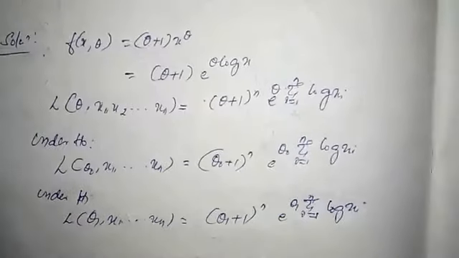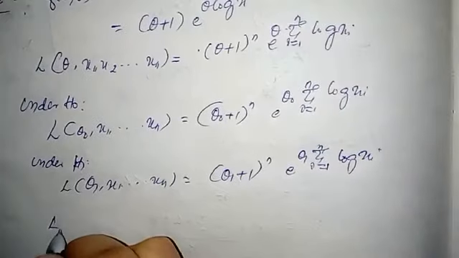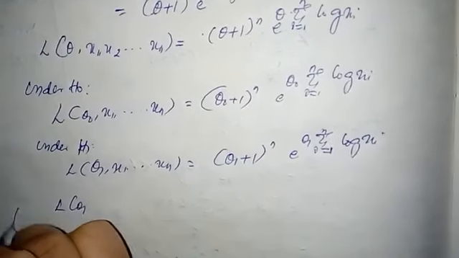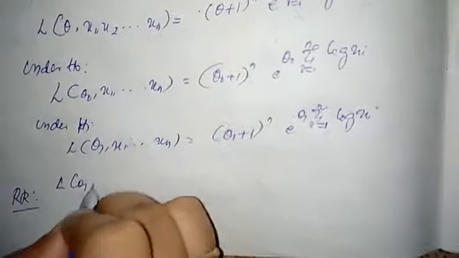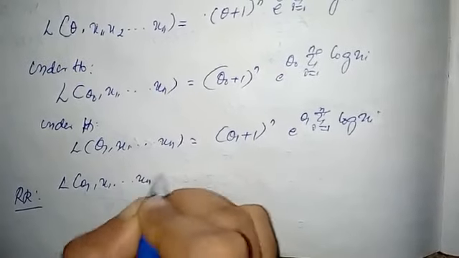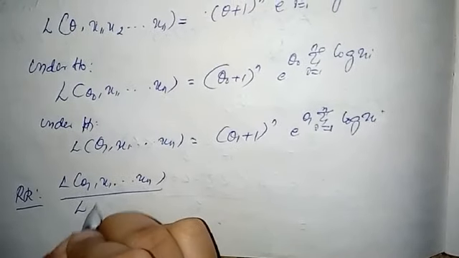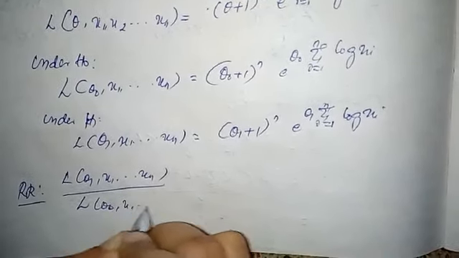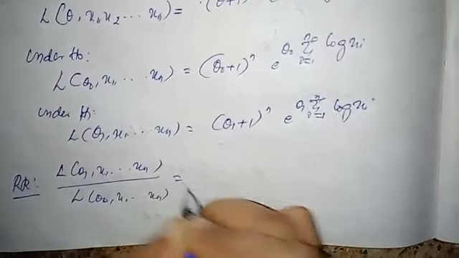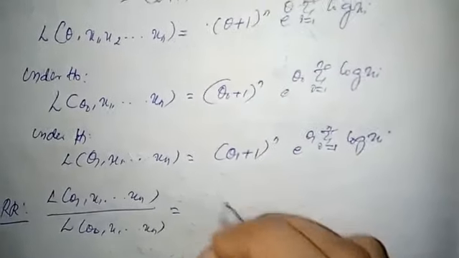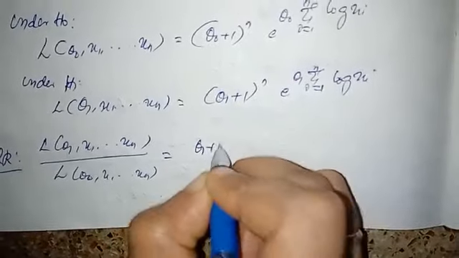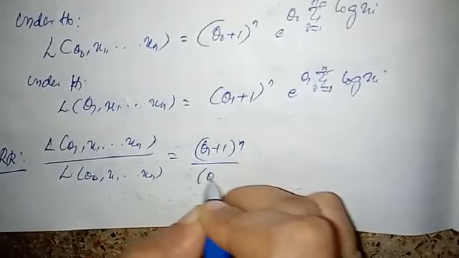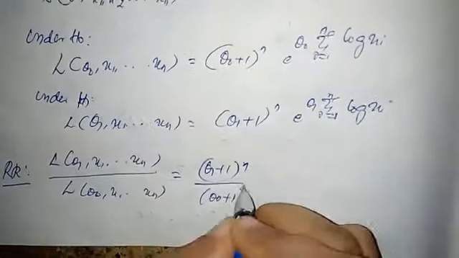Then we have to take the ratio, that is the ratio under H1 and the ratio under H0. What is the ratio then? (θ1 + 1)^n divided by (θ0 + 1)^n.